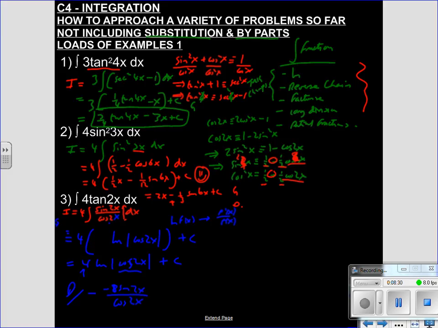If I divide this by a half, well, times it by minus a half, then I need to times my original by minus a half. So actually my adjusted guess is minus 2 ln cos 2x plus c. And box that final answer. And if you differentiated it, you would get what you wanted.